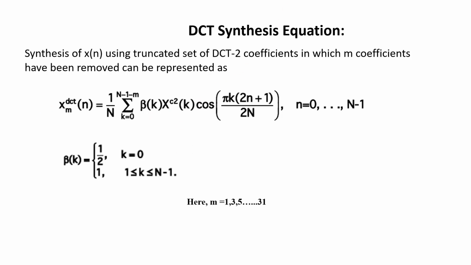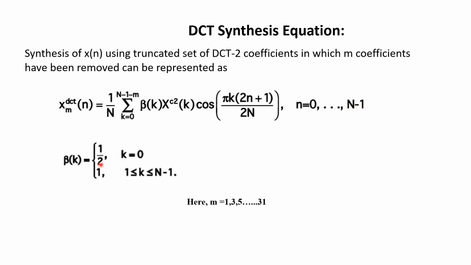For calculating x of n from the DCT, we will use the DCT synthesis equation. It is given by 1 by N summation k equals 0 to N minus 1 minus m of beta of k into Xc of k into the cosine term, where n ranges from 0 to N minus 1.